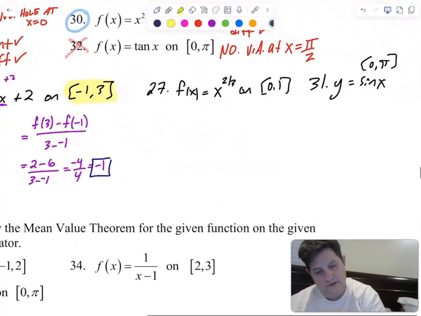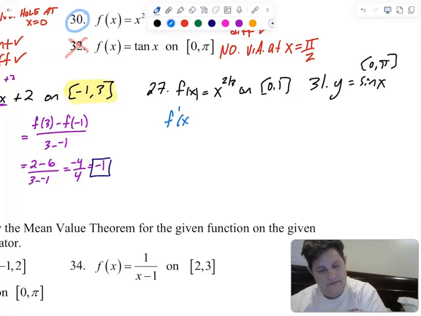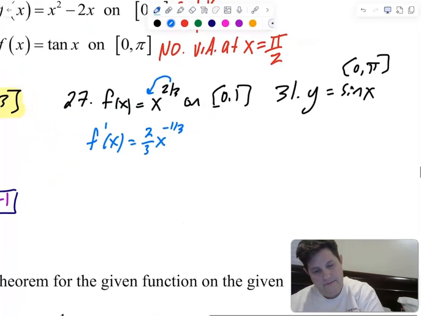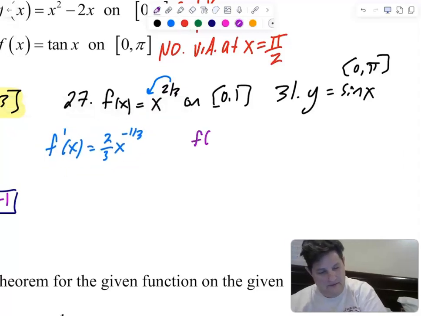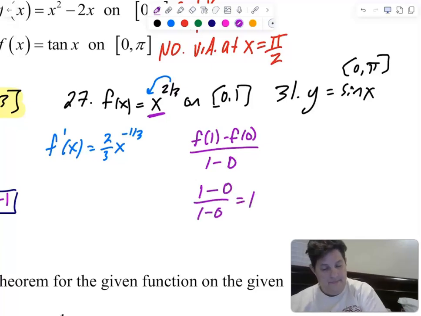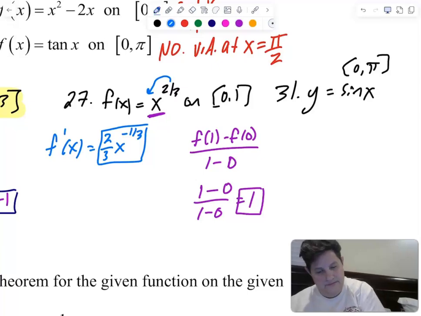All right, 27. So that's 2/3 x to the -1/3. And then we have to do the slope. It's going to be f of 1 minus f of 0 over 1 minus 0. When I plug 1 in here, 1 to the 2/3 is 1. And when I plug 0 in, I get 0. So this is my slope. Set them equal.